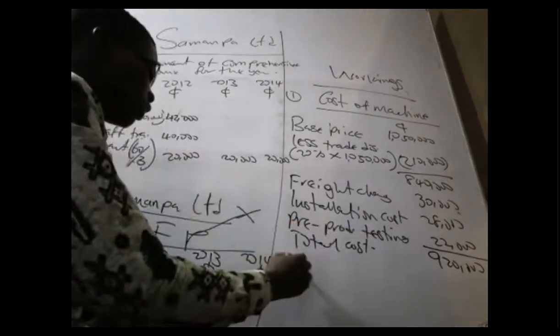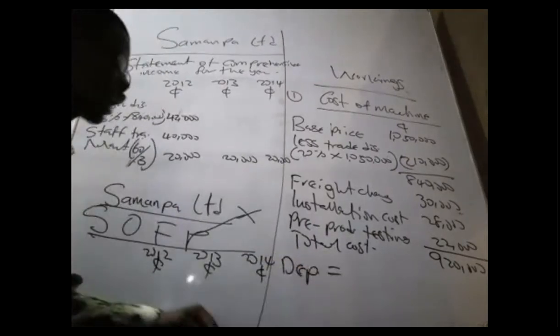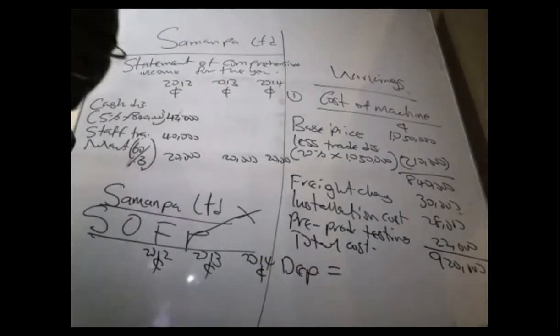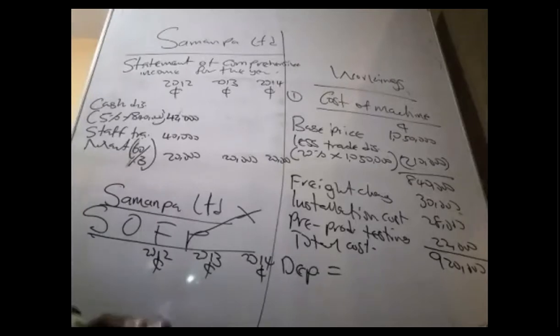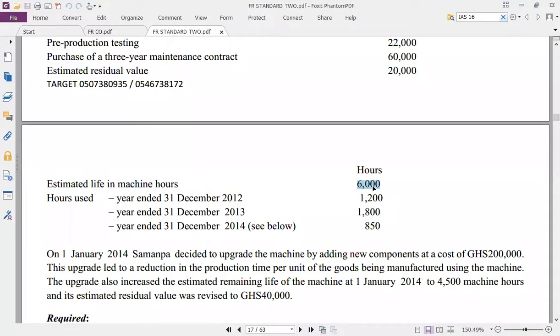So depreciation must be charged. Now here we are using machine hours. For machine hours, you need to find the depreciation per hour. So you have to divide the depreciable amount by the total machine hours or the total life. It's the same as straight line, but just that the life of the machine has been translated into hours.